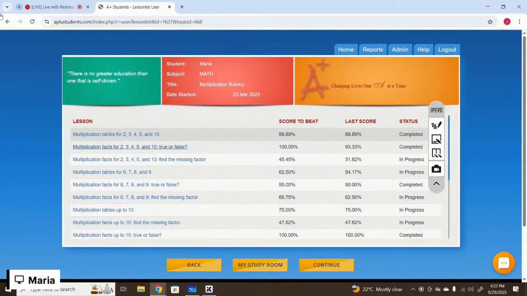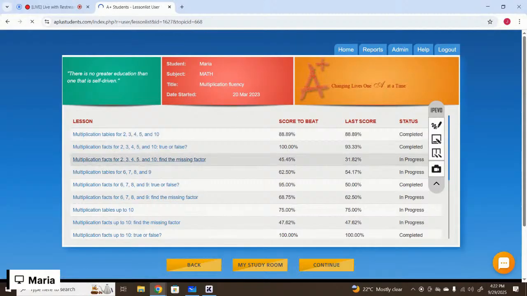Multiplication facts for 2, 3, 4, 5, and 10. Find the missing factor.